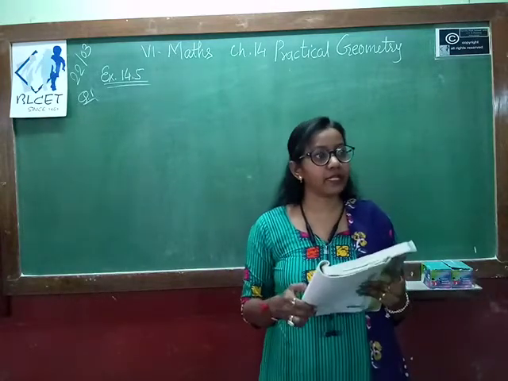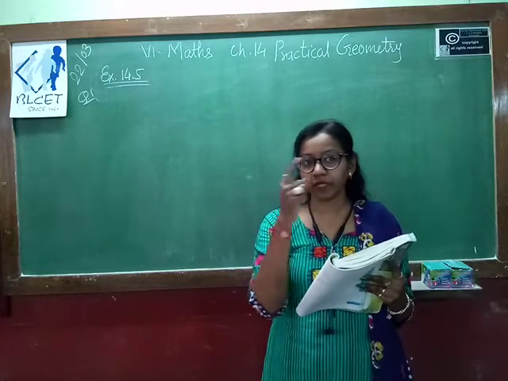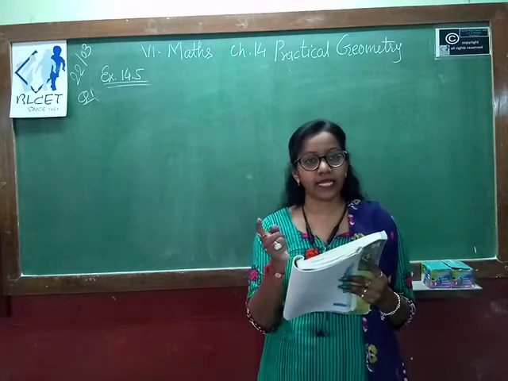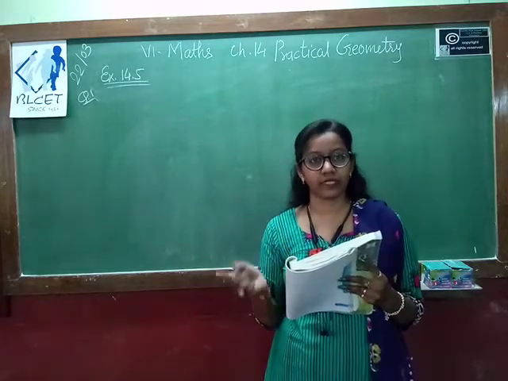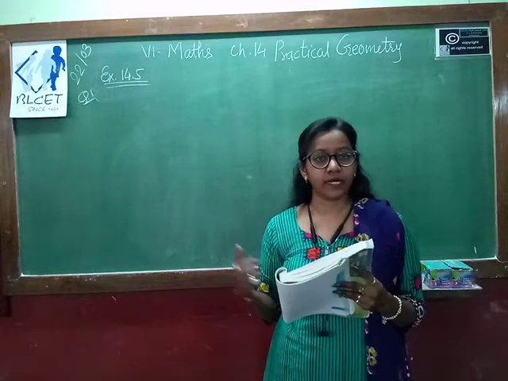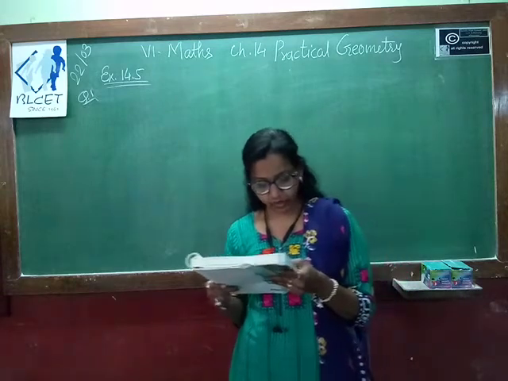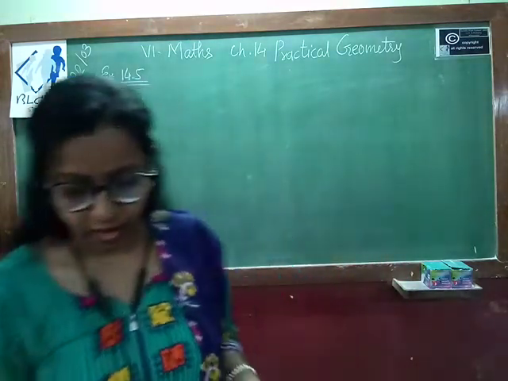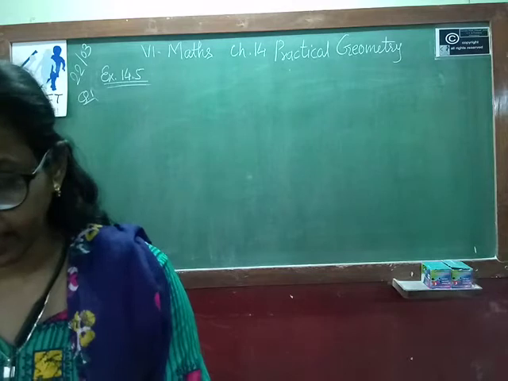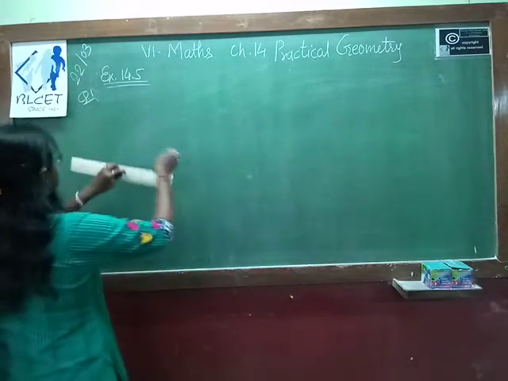Symmetry means if you divide that line segment from the middle, you get the same parts on both sides. So that is the axis of symmetry, as well as we can say that is the bisector. So first we draw the line segment AB of length 7.3 cm. Let's see.